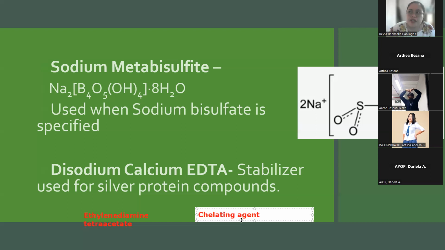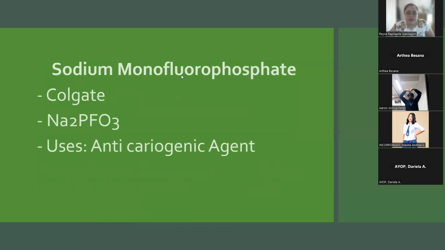Medical technologists do that when the process they will perform on the blood requires that it should not clot. Okay, so they put it in an EDTA tube. That is the use of EDTA, it is a chelating agent. Okay? It is also like a magnet. Okay, and then we have sodium monofluorophosphate, which is a component of our toothpaste like Colgate.